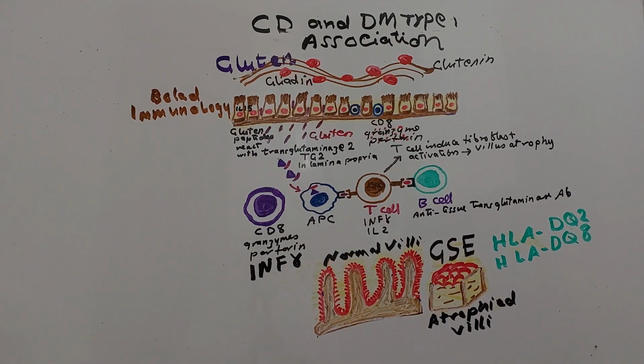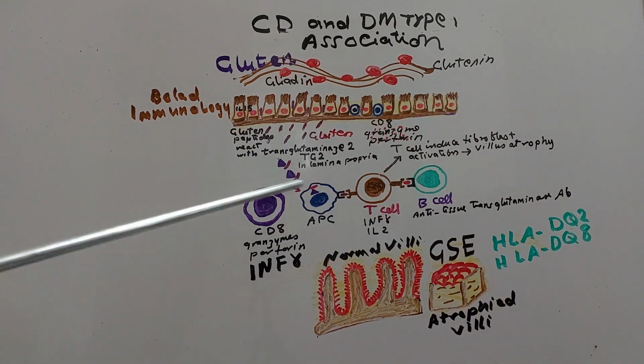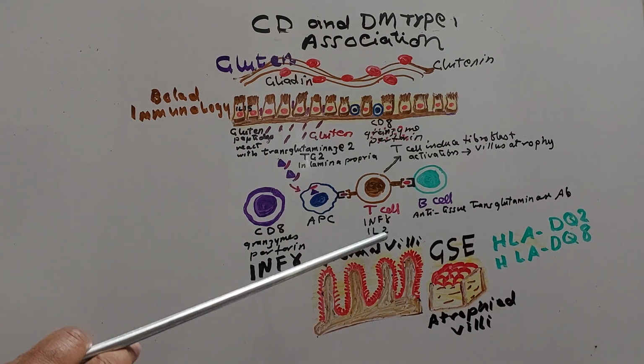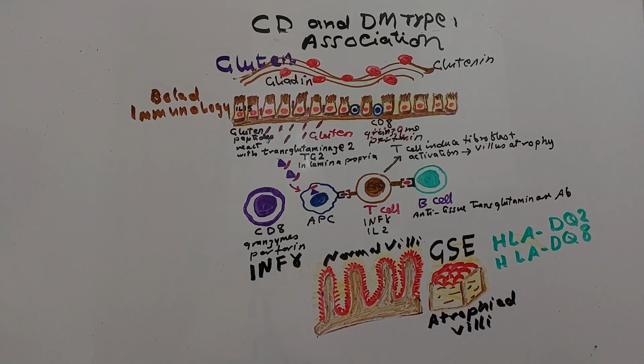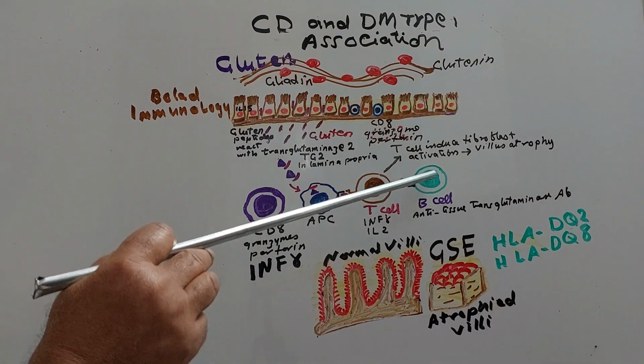most probably this is T helper 1. As you know, interferon gamma recruits more macrophages, and interleukin 2 activates B cells.